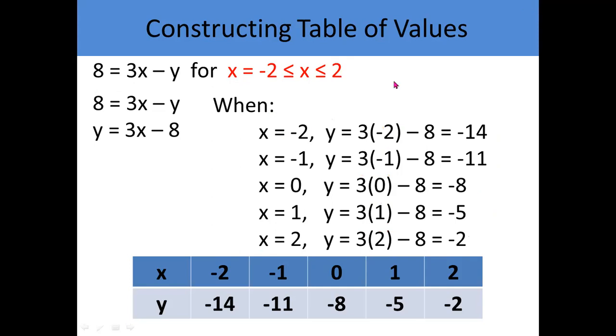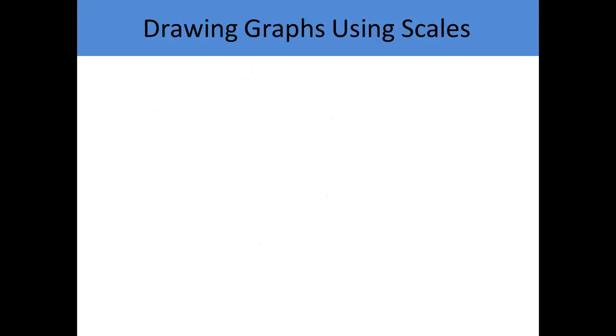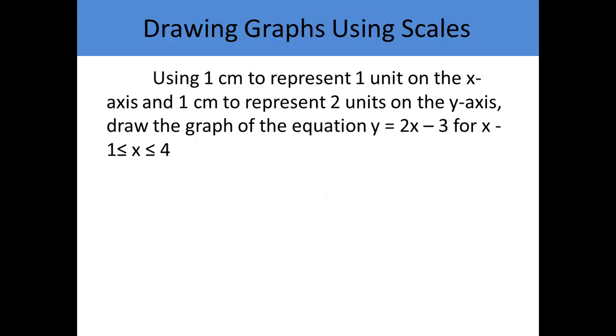All right, so drawing the graph. We know already how to graph that one. For example, using 1 cm to represent 1 unit on the x-axis and 1 cm to represent 2 units on the y-axis, draw the graph of the equation y equals 2x minus 3 for -1 less than or equal to x less than or equal to 4.